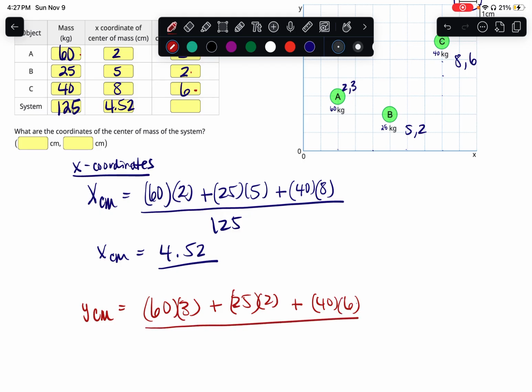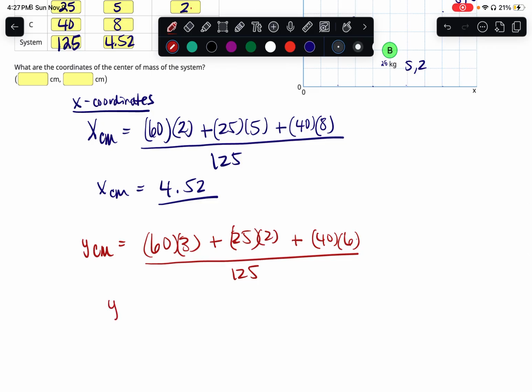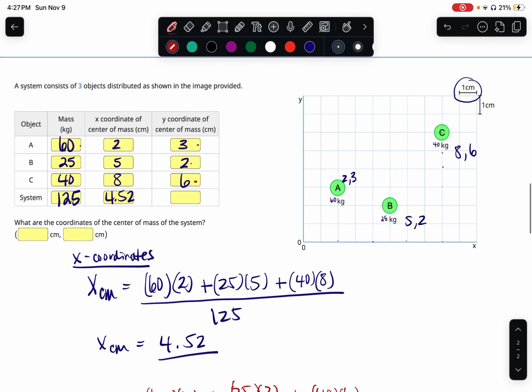And again, I'm going to divide that by the total mass of the system, which is 125. And my center of mass in the y direction is going to be 180 plus 50 plus 240, all divided by 125, which is going to be 3.76. So 3.76.